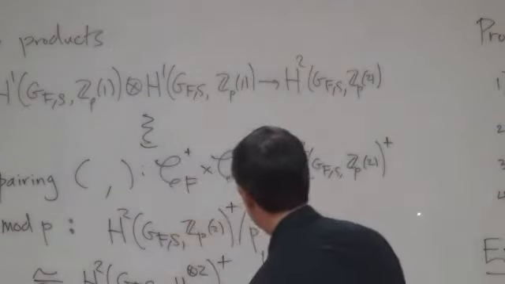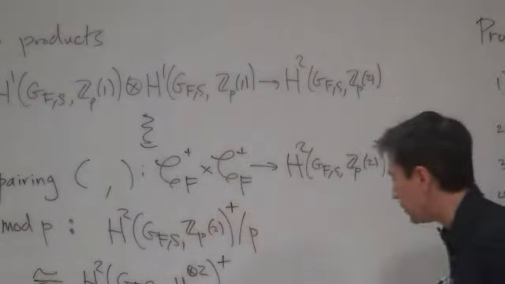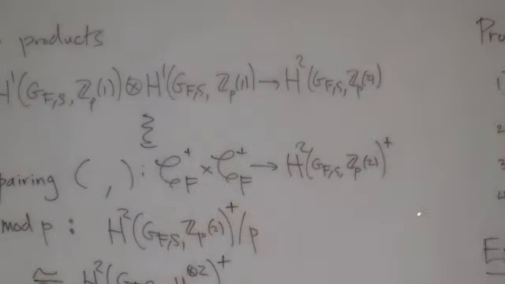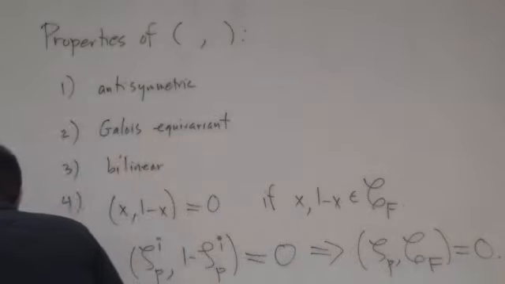So this is a pairing to the minus part of the class group mod P, which we actually know is non-zero sometimes. So that's good, in a way, unless you're studying Vandiver's conjecture.